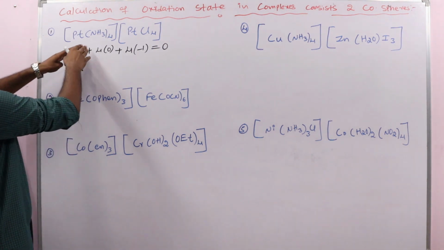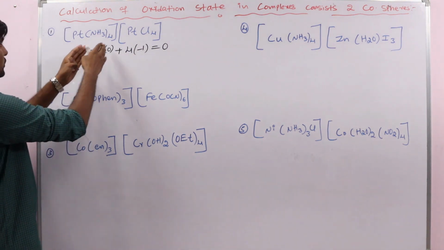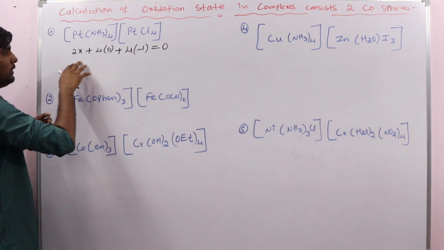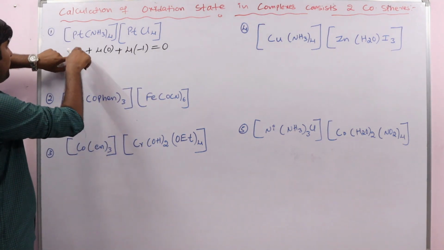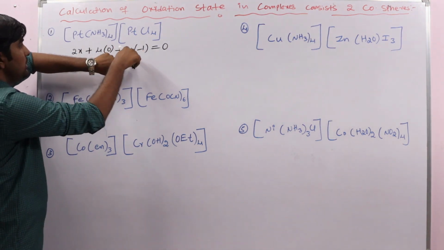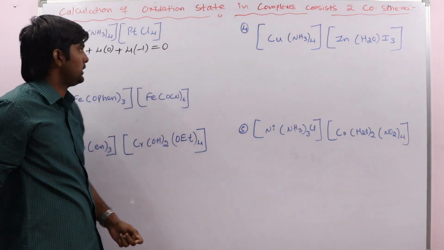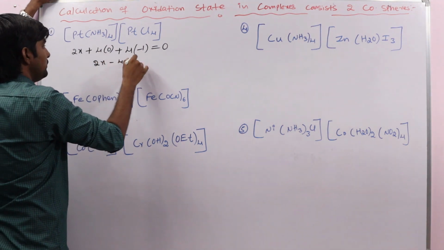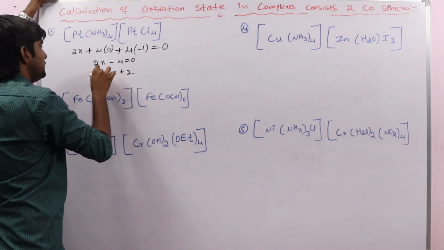So here the total charge of all the ligands present in both coordination spheres and also the charge of the metals, everything is equal to 0. So this is the oxidation state of metals 2x, and this is for this ligand and this is for this ligand, so the total is equal to 0. So 2x equal to -4, from this x is equal to +2.